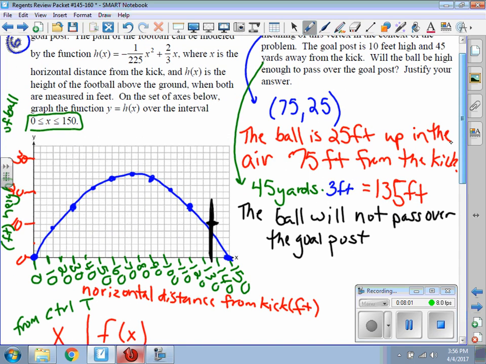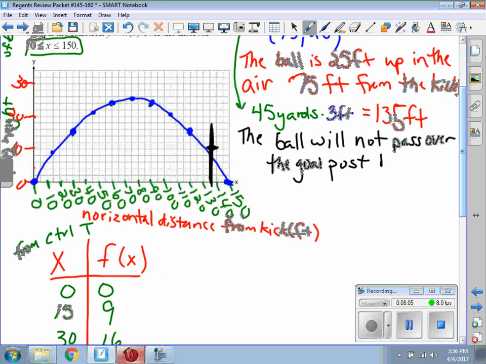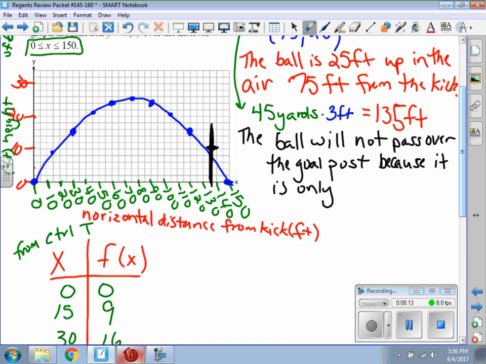The ball will not pass over the goalpost because it is only 9 feet high. We've got a visual there of a goalpost, but we have to say why it's actually not going over. It's only at 9 feet high. So that gets you the full 6 points.